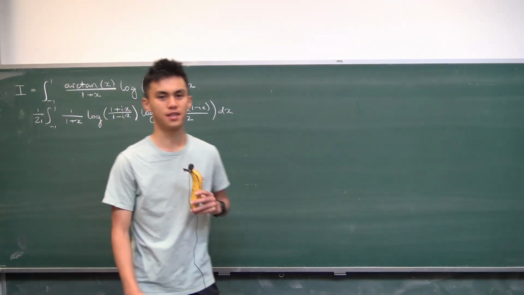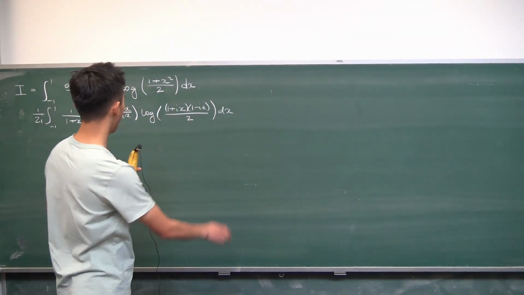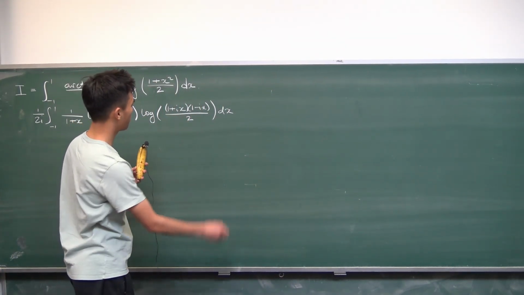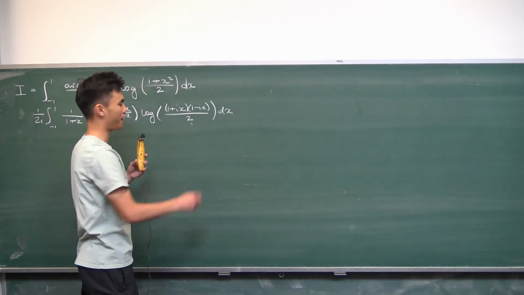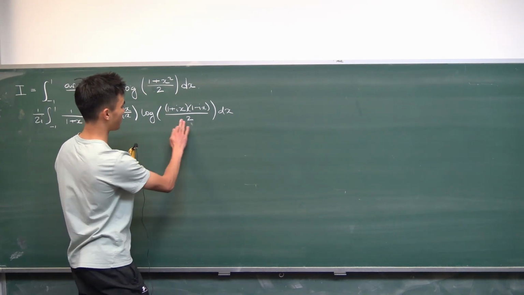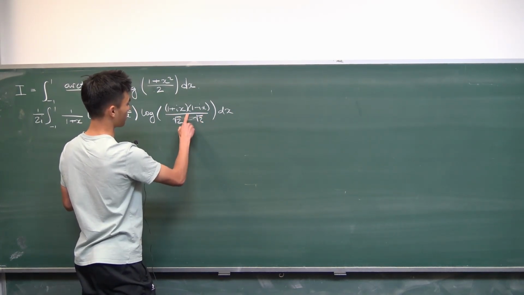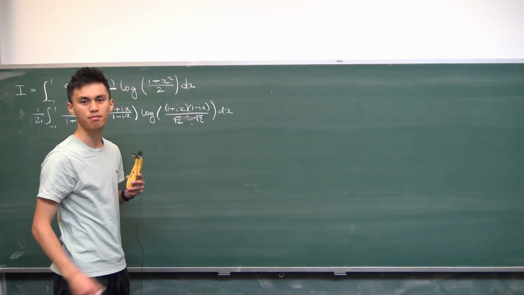Okay, so now we're going to start separating the logarithms out a little bit because we just have a bunch of factors in the logarithms. Now notice with the second logarithm over here, we have a 2 and we have 2 factors. We kind of want some nice symmetry to happen between these 2 factors. I'm going to rewrite this 2 as the square root of 2 times the square root of 2, so we can split them up nice and symmetrically.